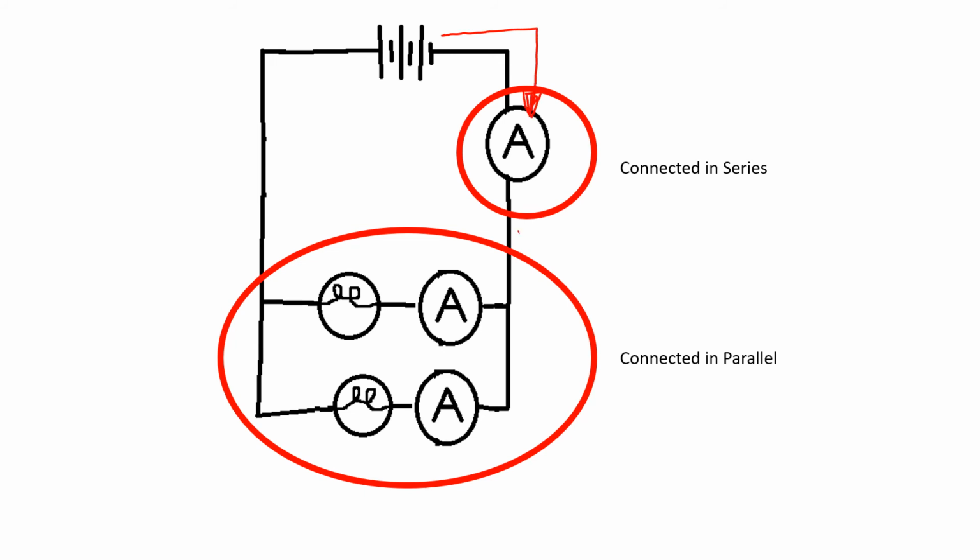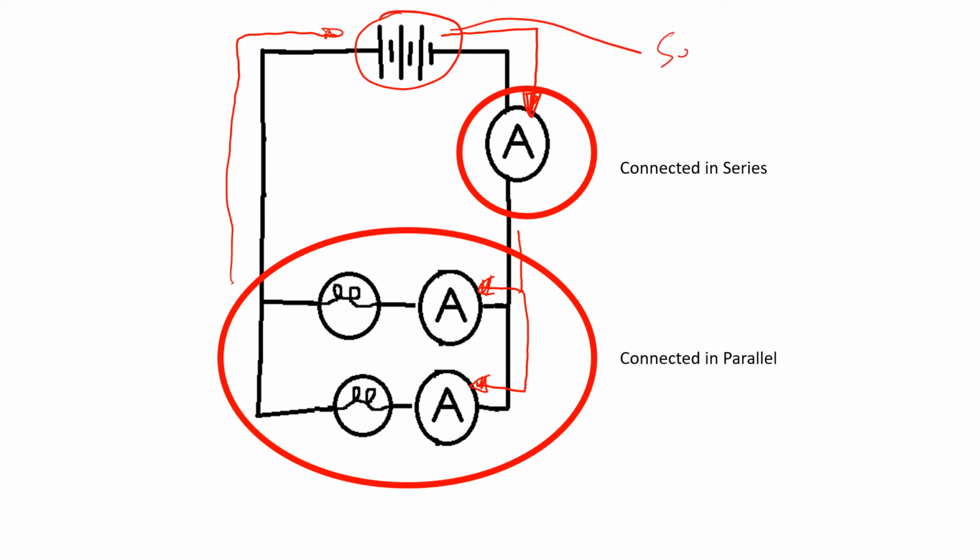But when it comes down here, it could go through these ammeters, it could go through that ammeter, or it could continue going down through this ammeter. And then it must come back up here and back into our battery. So this part right here is also connected in series.